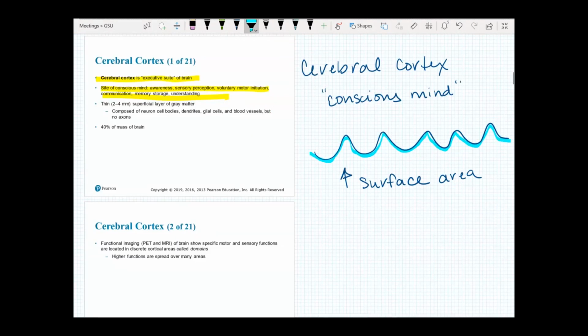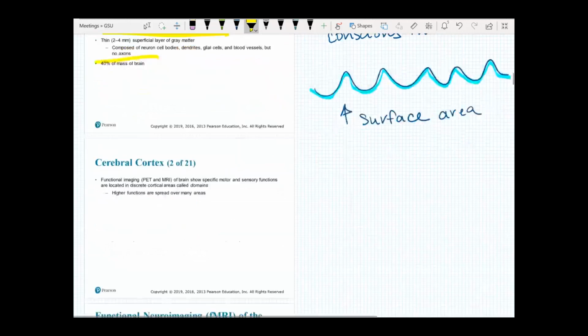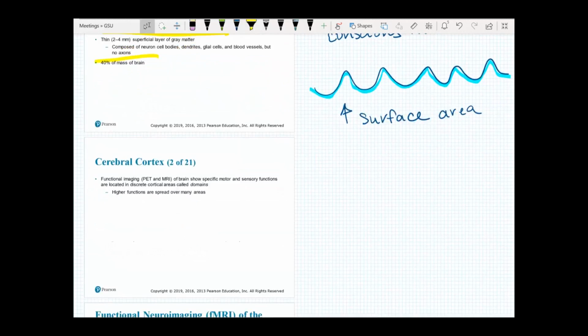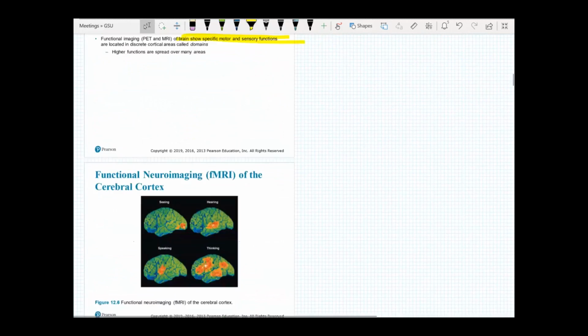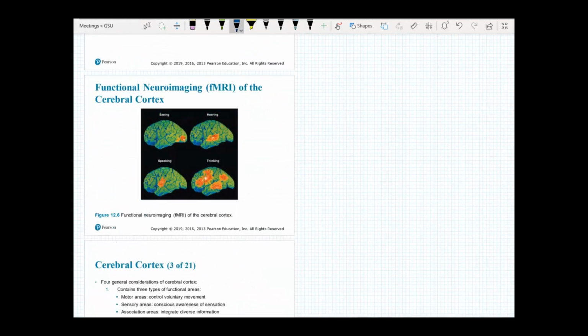But overall, the cerebral cortex takes up 40% of your overall brain. And what's really cool about this is we know that your brain has specific motor and sensory areas that will show up during a PET scan or fMRI. So here's an example of a brain during an MRI.